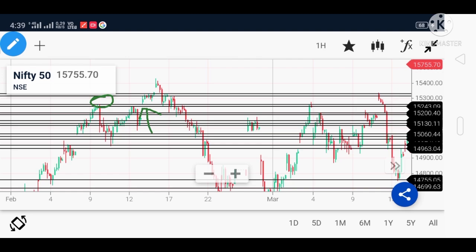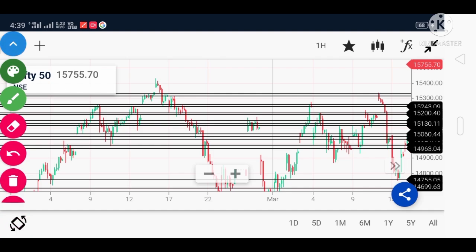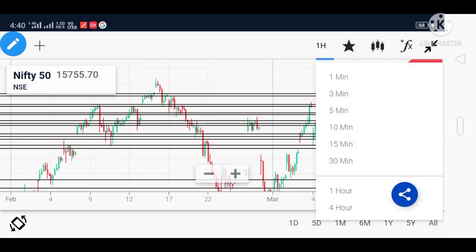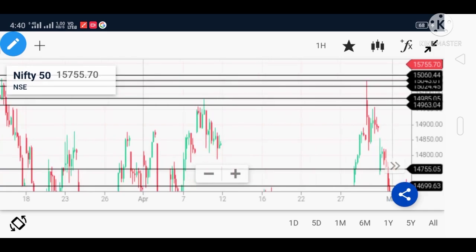There were 2 wicks right here, and I marked them. Okay, I found a wick here. So near 15,200, above 2 points and below 2 points we have marked. Okay.